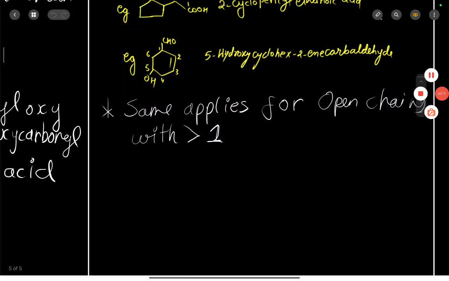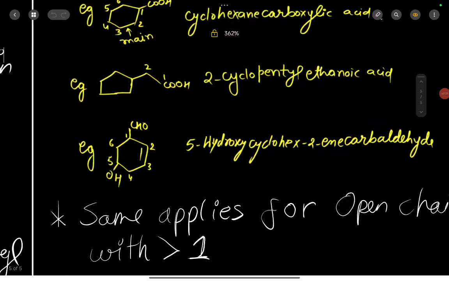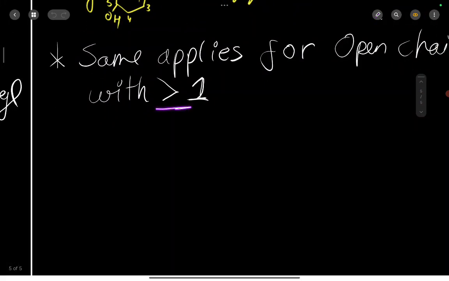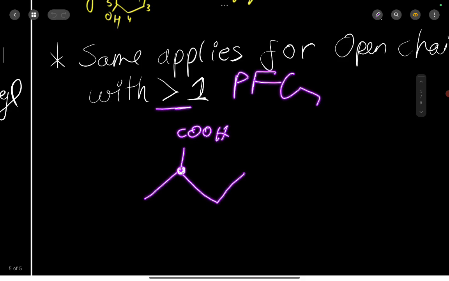And the same rule applies when you are dealing with open chains with more than one principal functional group. For example, if you have a butane chain like this, and there's COOH, another COOH, another COOH. So the main chain will be taken as 4 carbon atoms only, okay?